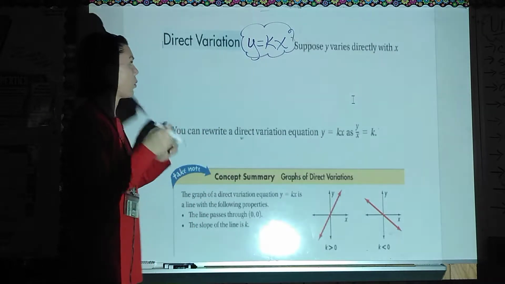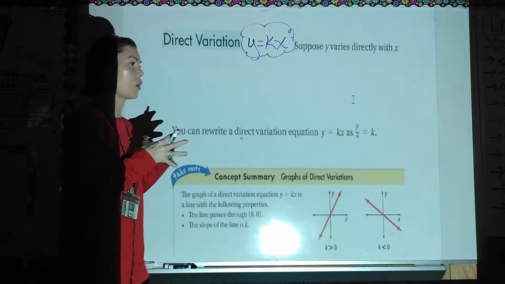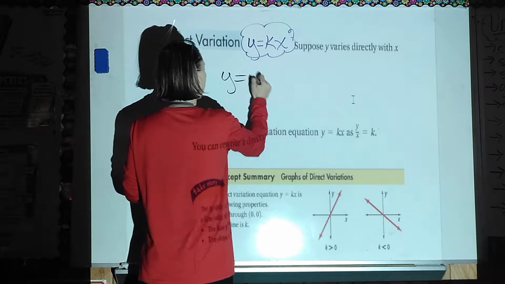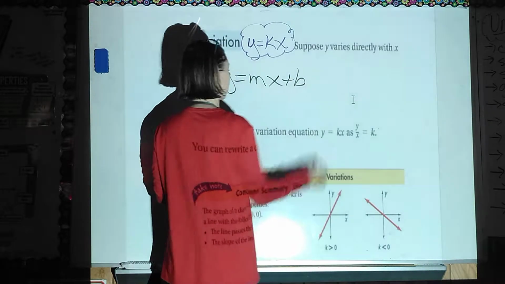Well, in the equation of a line, we have our slope-intercept form, which is y equals mx plus b.